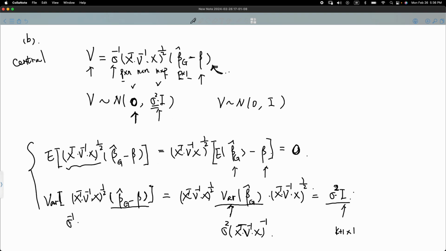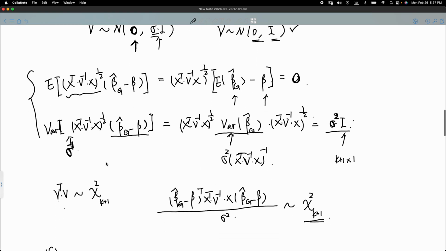So that's why you need to multiply a sigma inverse in the front. If you don't have sigma inverse in the front, then you will have the sigma square identity. That's just based on how you set up the question. But in the end, what we want is the normality with an identity covariance matrix. If you don't multiply the sigma inverse in the front, you will end up with a sigma identity.